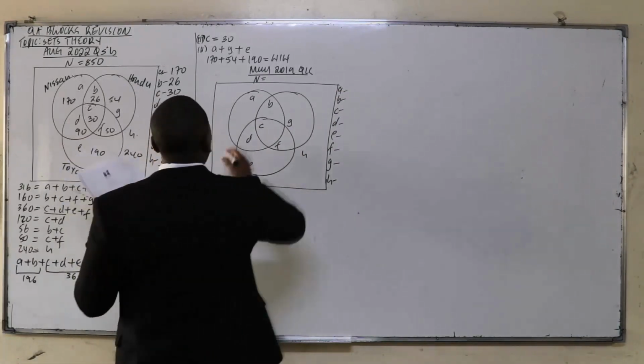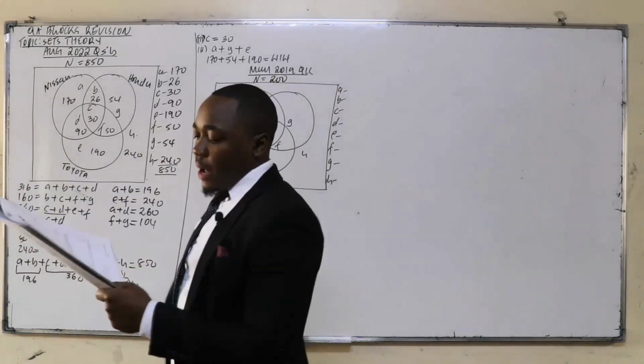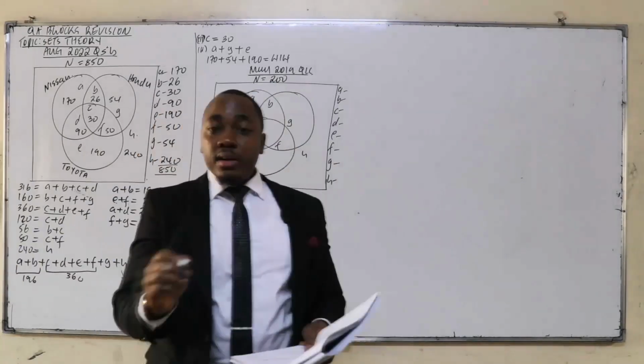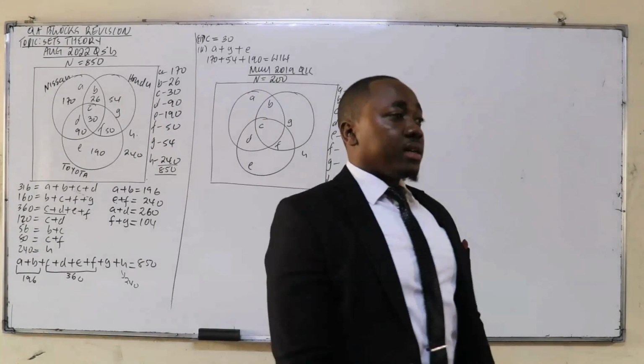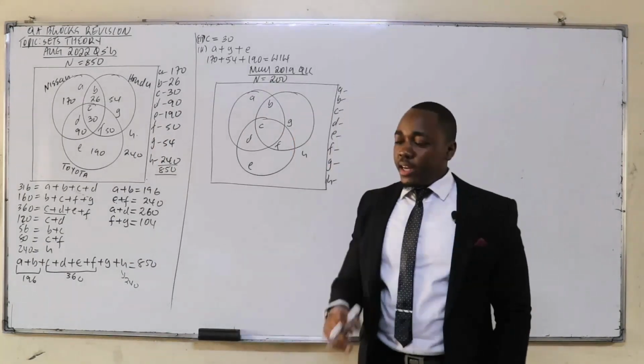So N is 200. Now, can you underline active? Underline active. That means for someone to be active, they must be having an account.